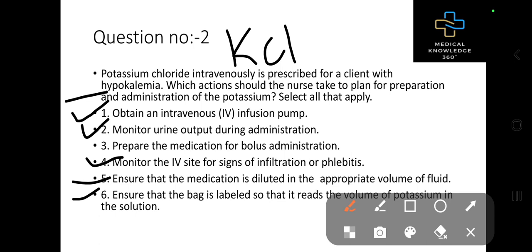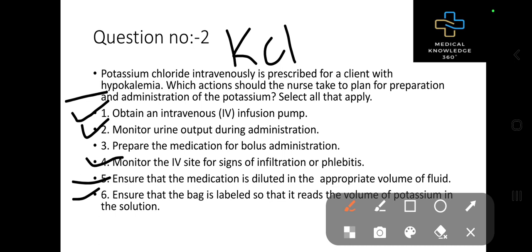We always dilute the potassium in IV fluid. The nurse should ensure here that the potassium is diluted in the appropriate amount of diluent or fluid. The IV containing the potassium chloride should always be labeled with the volume of potassium it contains. The IV site is monitored closely because potassium chloride is irritating to the veins and there is risk of phlebitis.